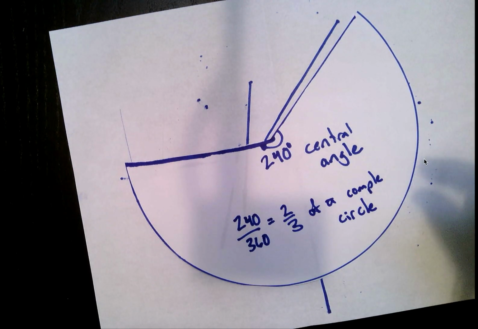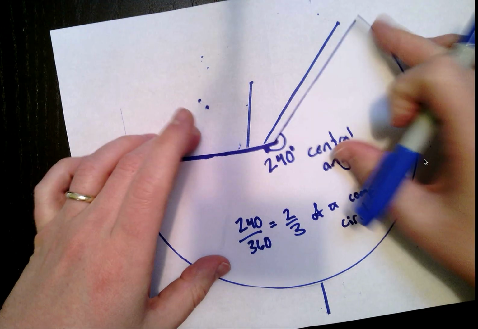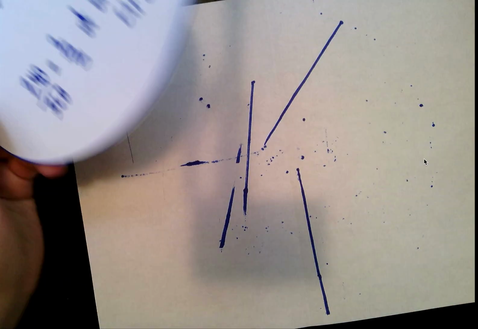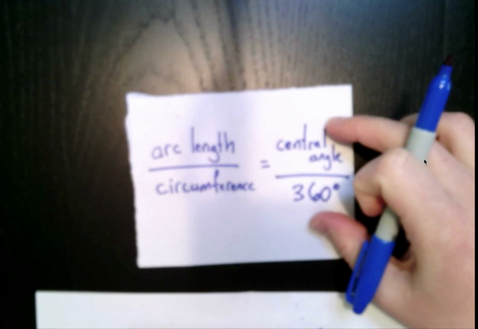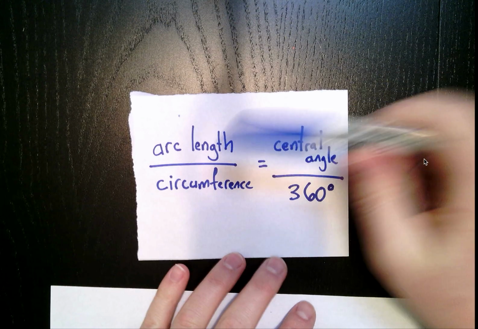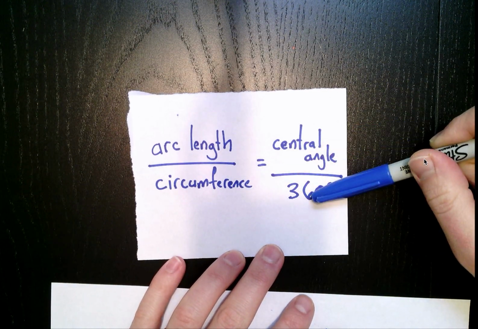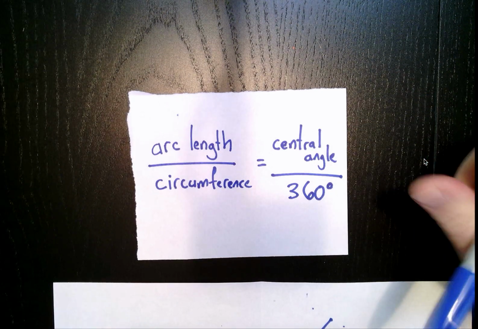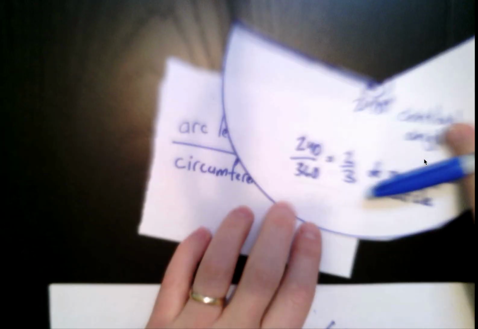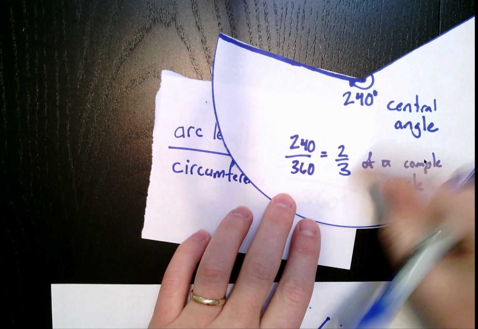So that's the math that we're doing in our practice problems. What I think confused a lot of people was using this proportion where we have arc length over the circumference equals the central angle divided by 360. That fraction part is just saying how much of the circle we have.